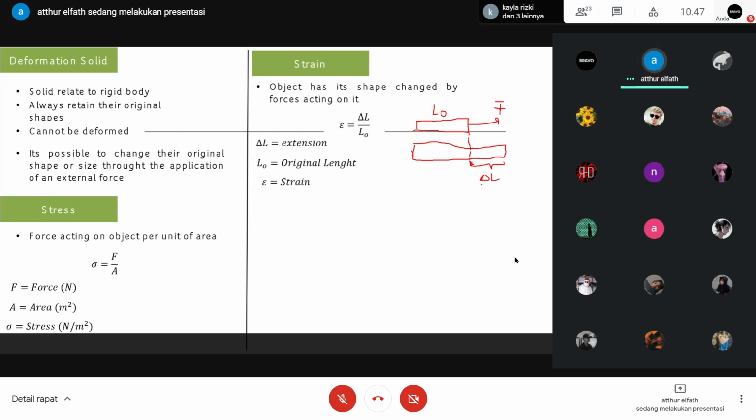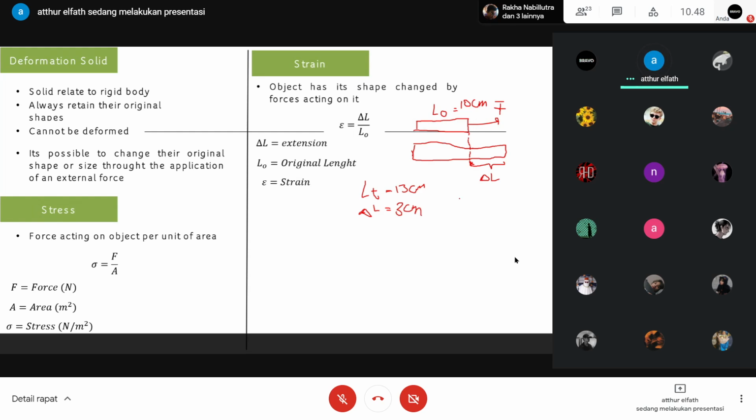Delta L. If the original length is, let's say, 10 centimeter, and after I pull this object the final length is 13 centimeter, this means the extension is only 3 centimeter.